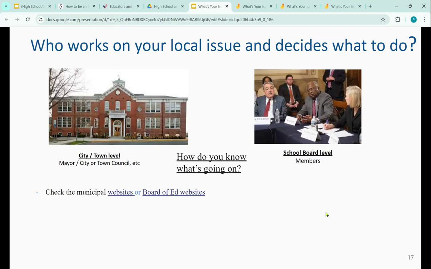There are crossing guards and stripes, but there was still an accident and a kid got hit by a car going from one side to the other. So the students petitioned first the school board, and they could only do a certain amount there. The school board said, go talk to the town, go to the municipality and see if you can get them to make a change.